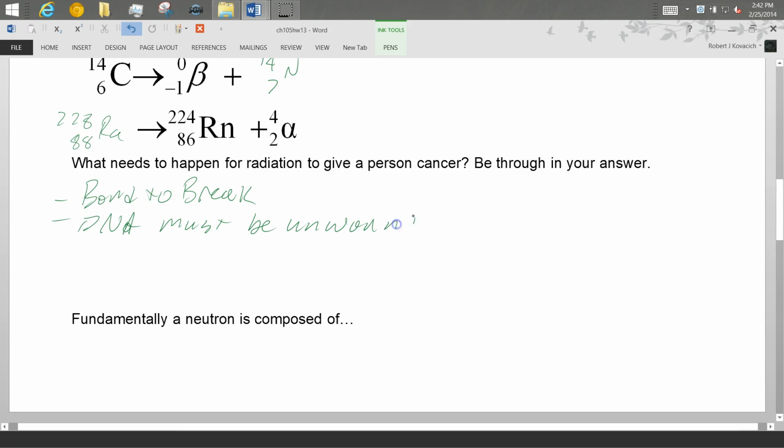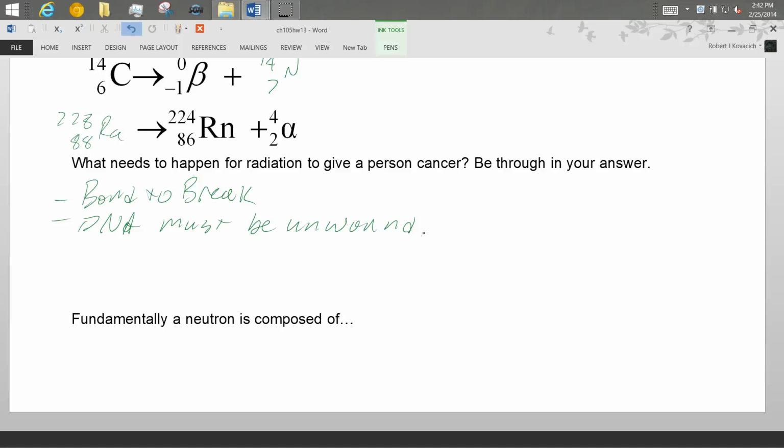it must be unwound. So mitosis isn't the only time you unwind DNA. When else do you unwind it? Meiosis. No. When you're making a protein. I mean, the entire purpose of a DNA molecule is to tell you how to make a protein. So if I happen to be making a protein, open the thing up, and while it's open to copy out the protein, I slop out a different nucleotide for the one that's supposed to be in there because a bond was broken.